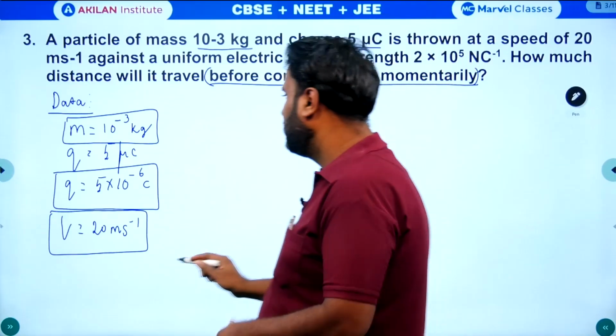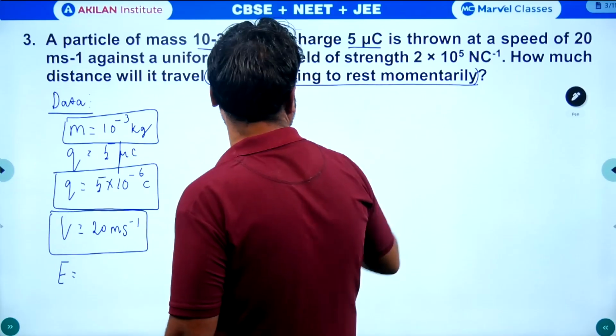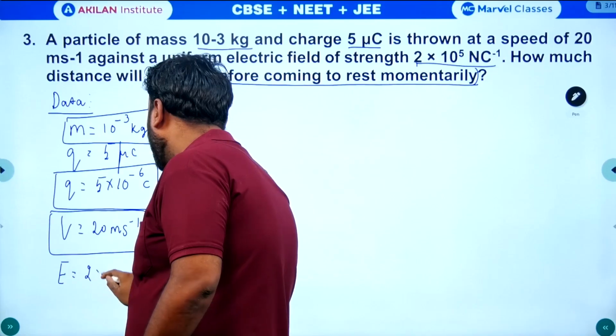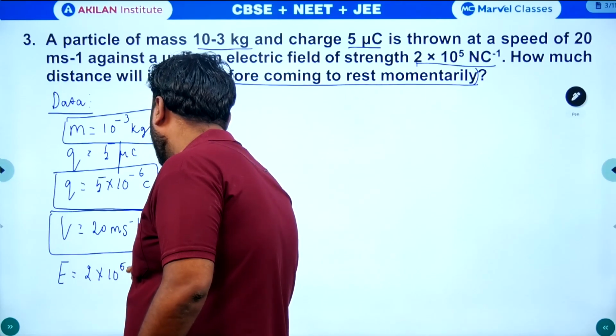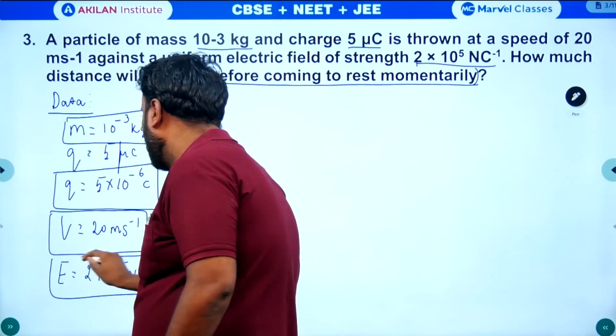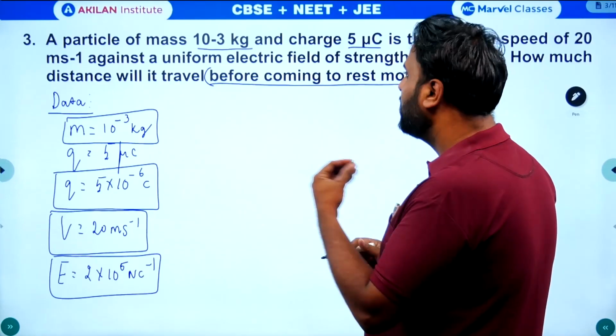Uniform electric field. Electric field is E. What is E they gave us? 2 into 10 to the power of 5 Newton per coulomb. So the electric field is written. How much distance?